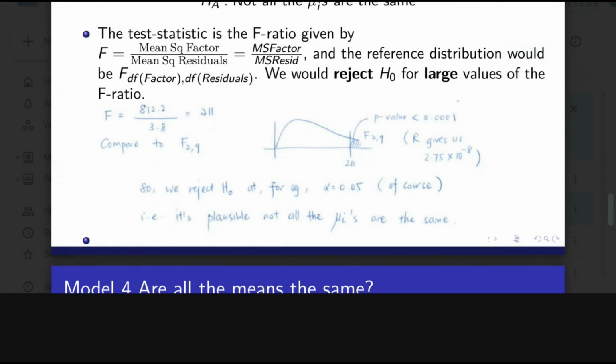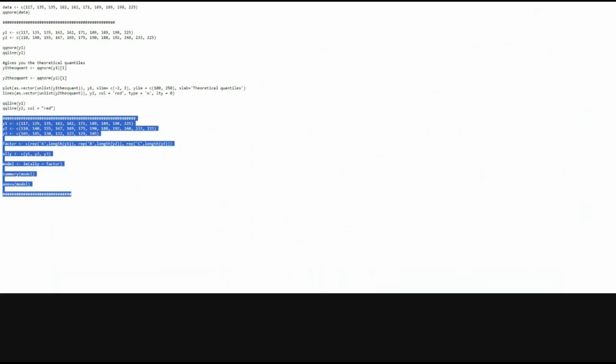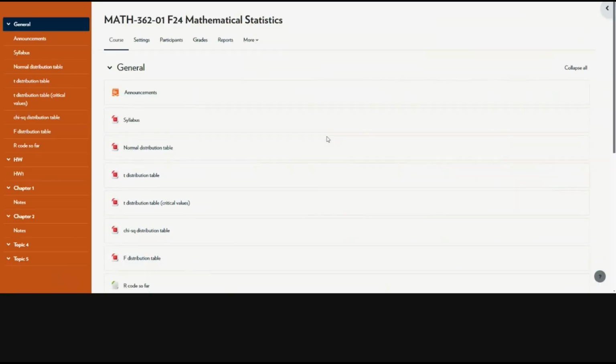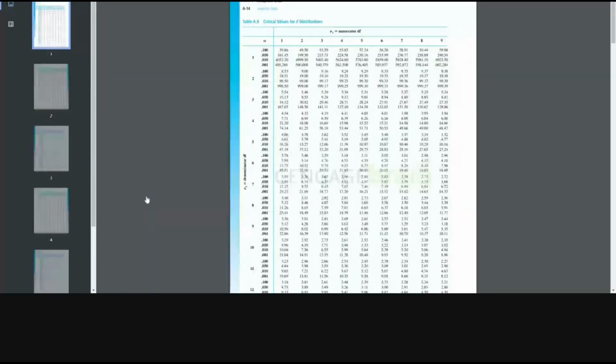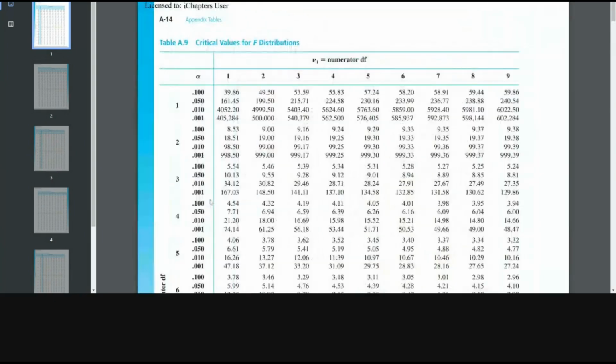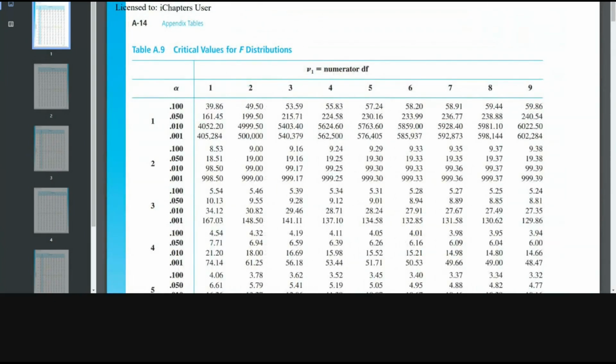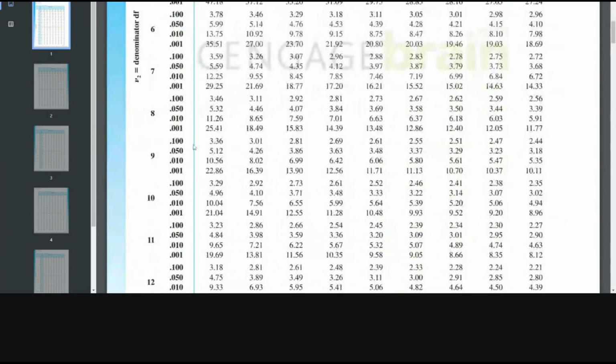Again, R will give you the exact p-value. How do I know this is true? Let me show you. Let's do a quick revision of where we were the last time. If you look at the F table, which we introduced the last time, you go to 2, 9. Now you see, this table only goes to 0.001. You only need an F stat of 16.39.